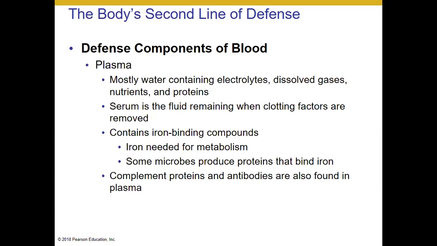Truth be told, some bacteria have developed ways to break apart blood clots in order to penetrate and enter the host, but it still can be important for keeping a lot of pathogens out. We talked about lactoferrin and transferrin, and there are other molecules that are produced by hosts to hold on to iron.